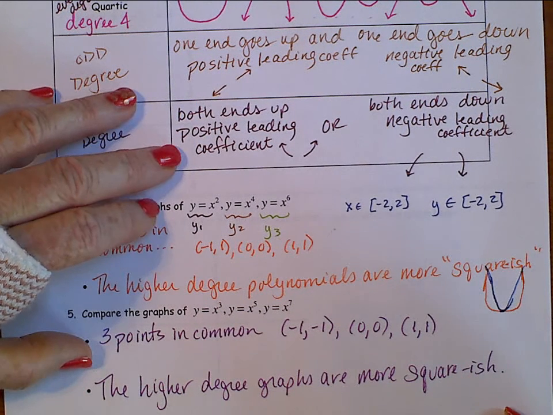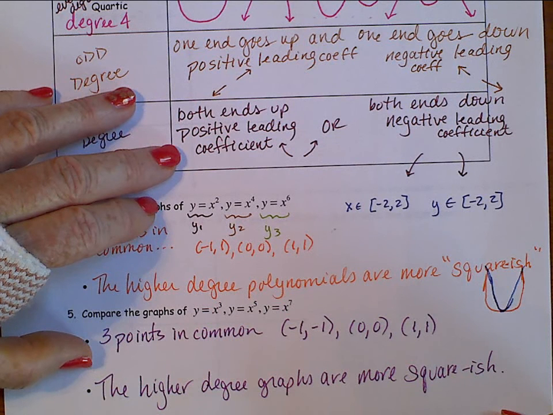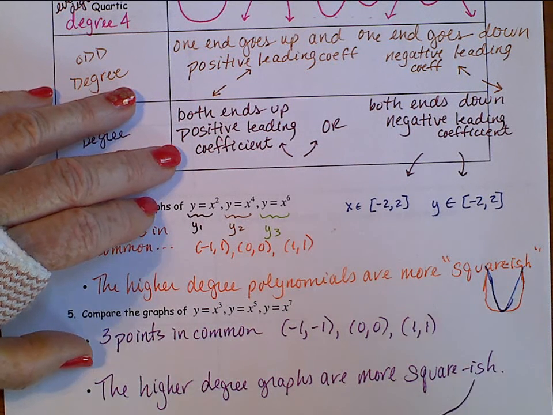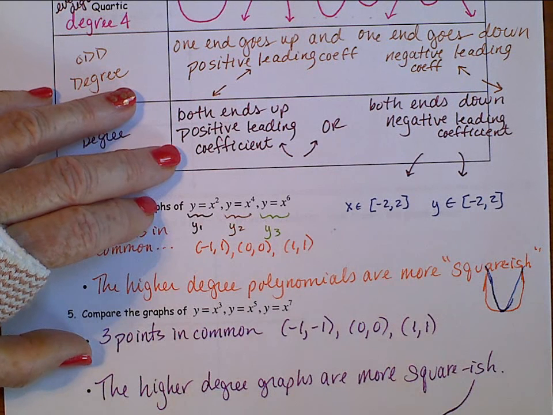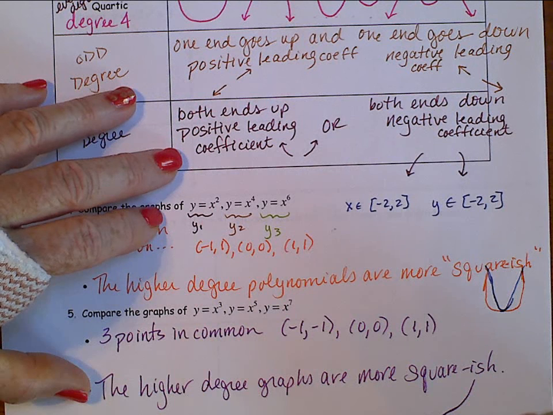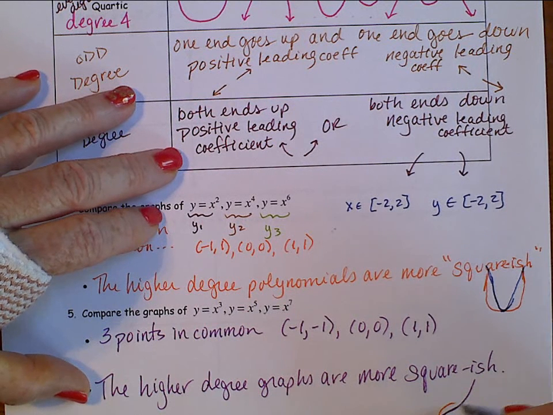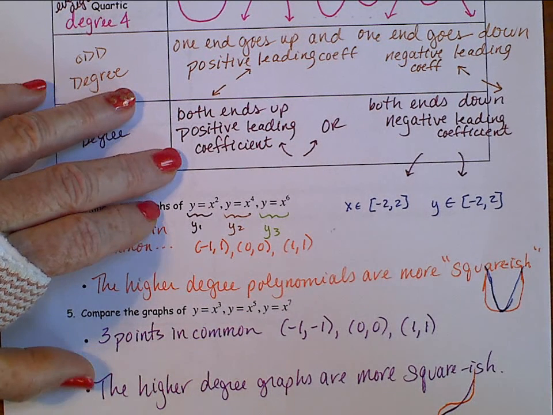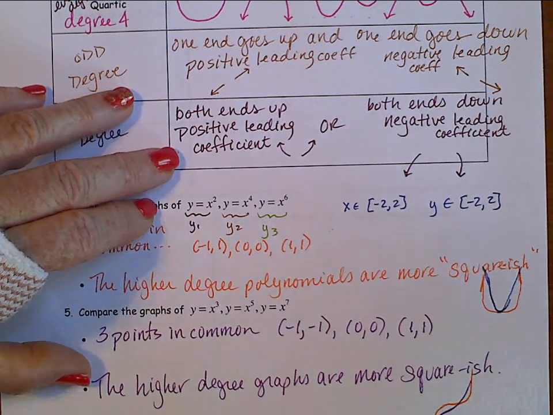So while a cubic, just y equals x cubed, is going to look something like that, y equals x to the 5th or x to the 7th is much more squarish, if you will.